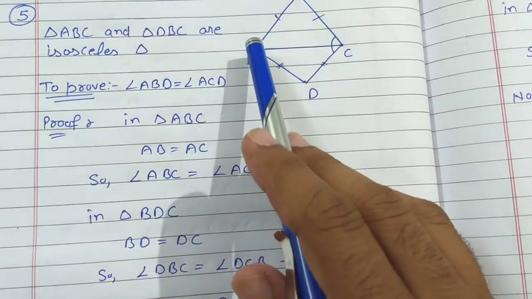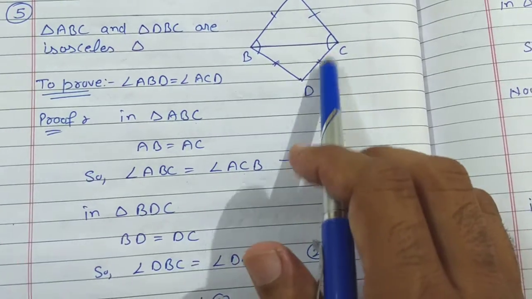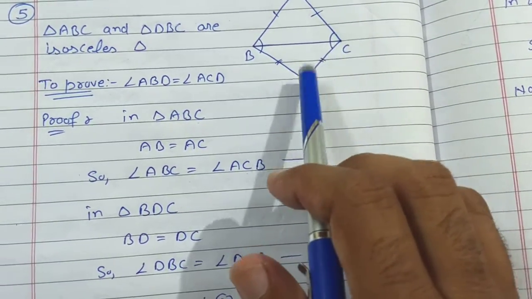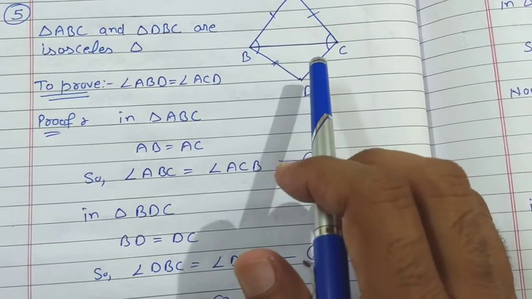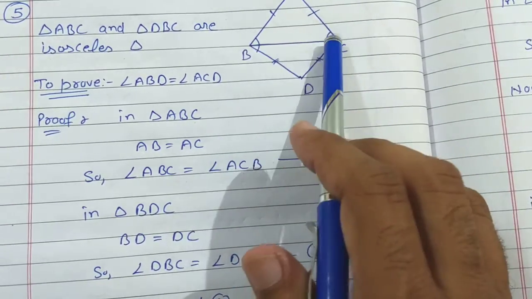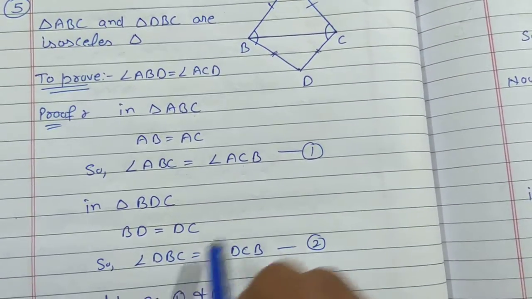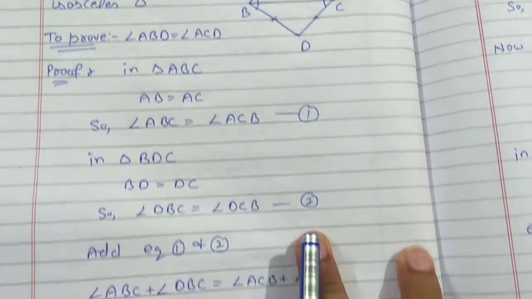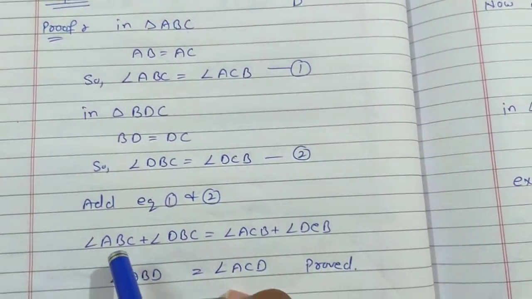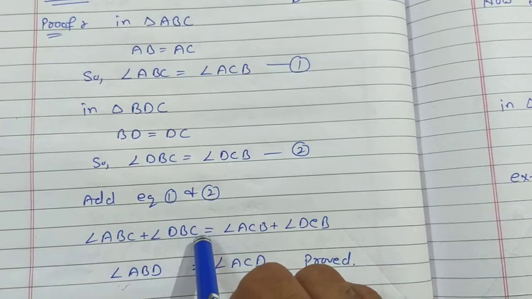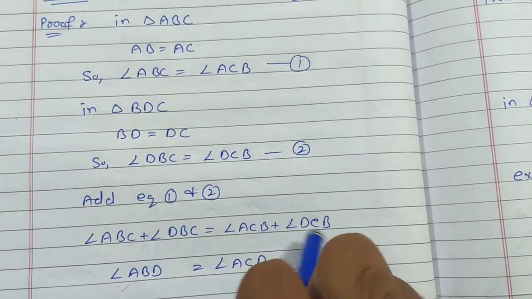Now similarly in triangle BDC, you know that BD is equals to DC, it is given, and corresponding opposite angles are also equal. So angle DBC and DCB, both angles are also equal, and mark it as equation number 2. So add equation 1 and 2. So we write that angle ABC plus angle DBC is equals to angle ACB plus angle DCB.